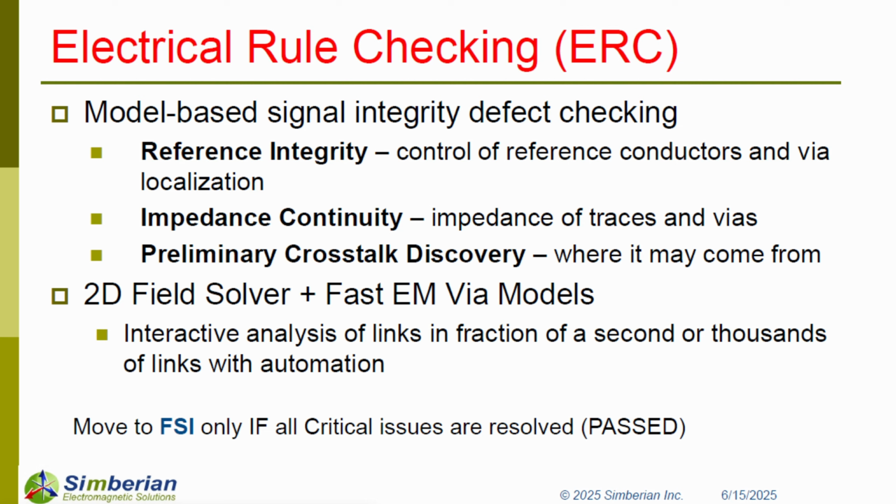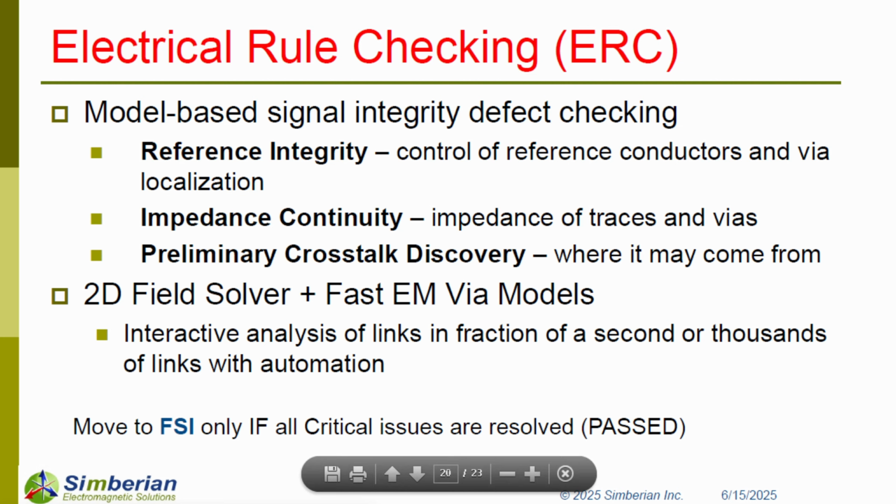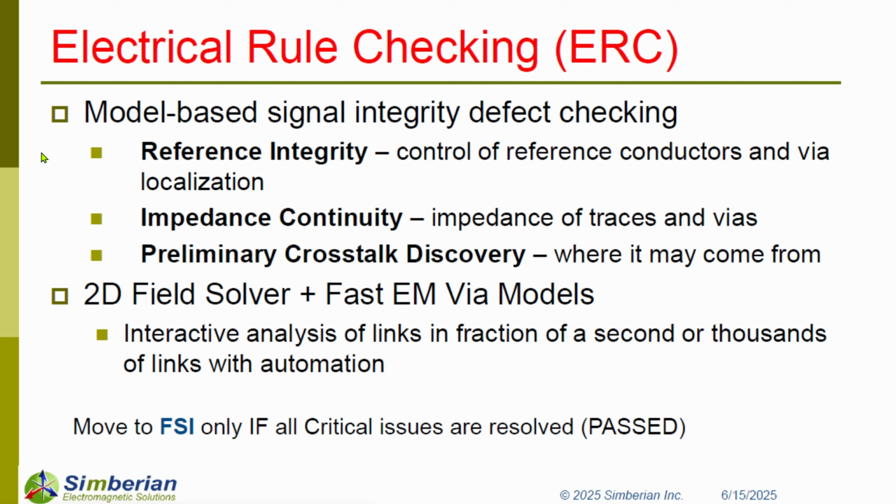SI Compliance Analyzer has 4 different modes. And the first mode is electrical rule checking. Electrical rule checking is based on modeling of signal link to detect signal integrity defects, specifically reference integrity, impedance continuity, and it can be also used for preliminary crosstalk discovery.